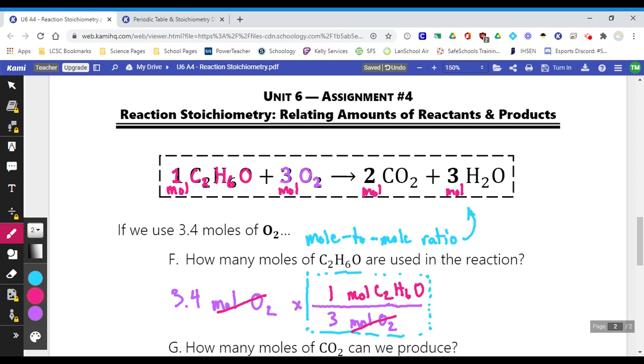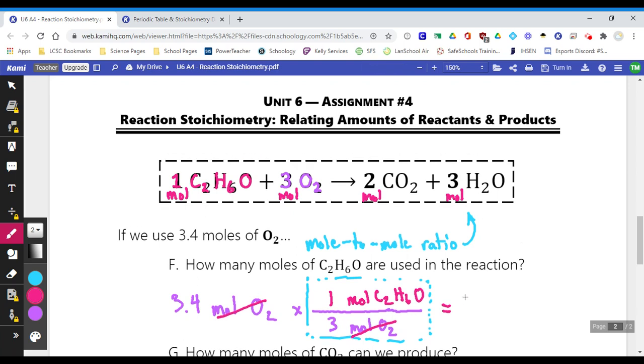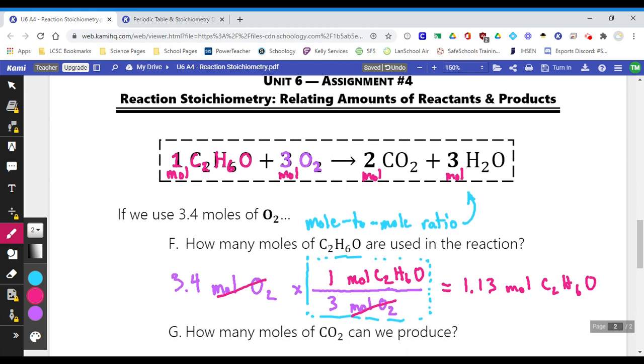So 3.4 times 1 divided by 3 gets me about 1.13 repeating. So I'm just going to say 1.13 and round it there. Moles of C2H6O. All right, and that's my answer.